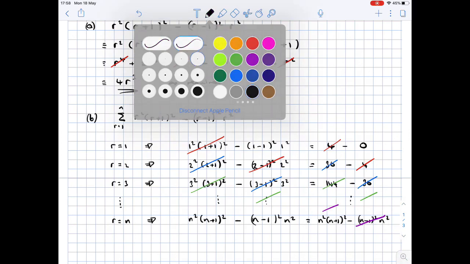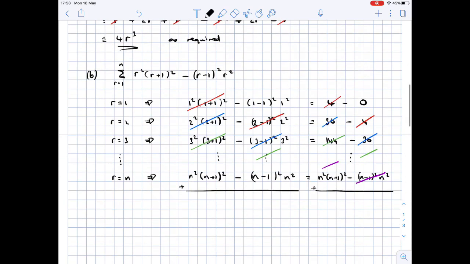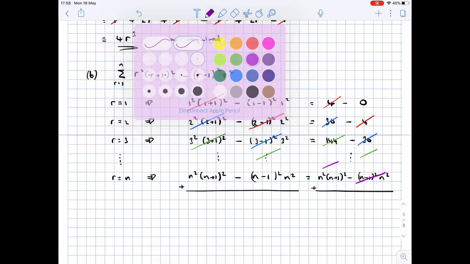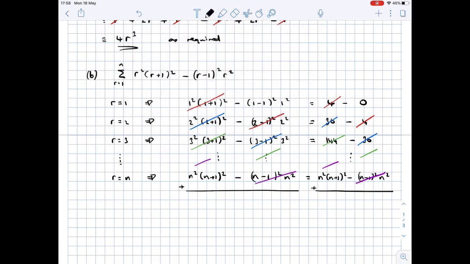So we can think of this now as a series, so remember a series is we're taking the summation of them. Well, this summation, let's cancel that, is equivalent to, looking at what we have here, we have our minus 0 plus n squared, n plus 1 squared.